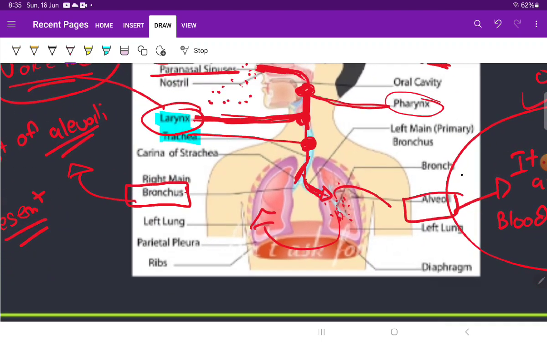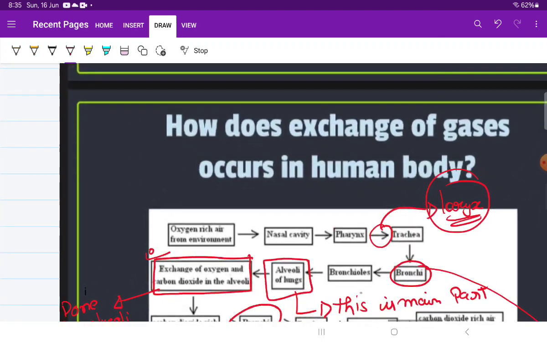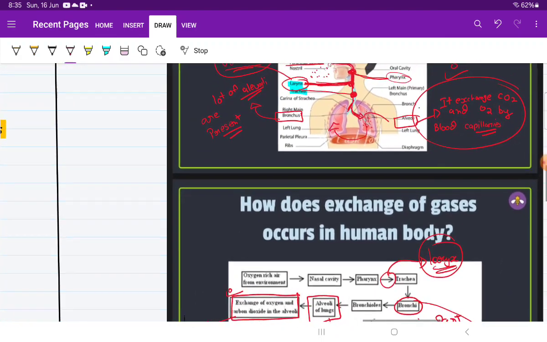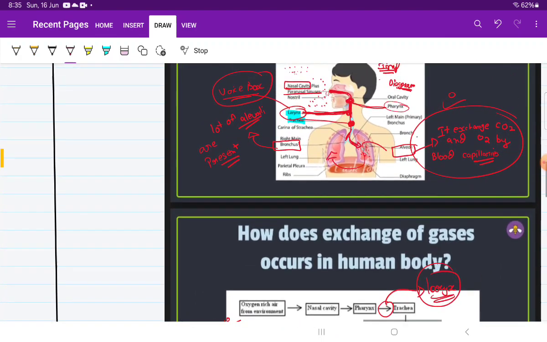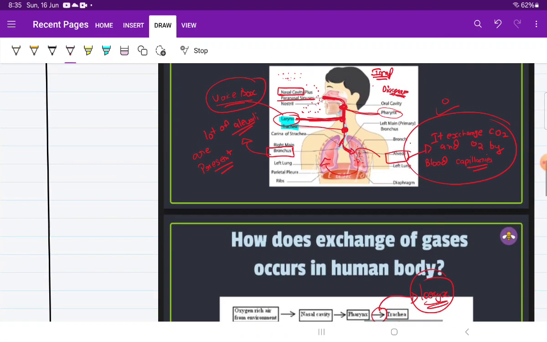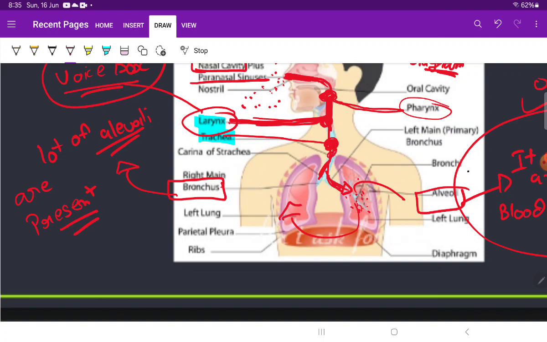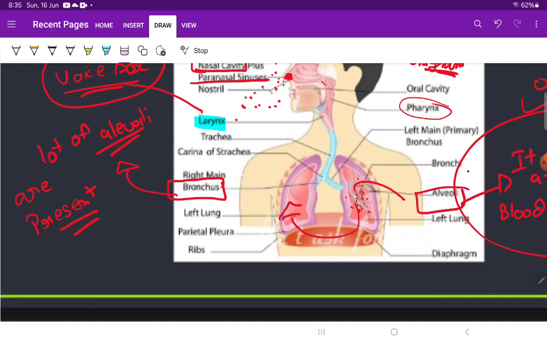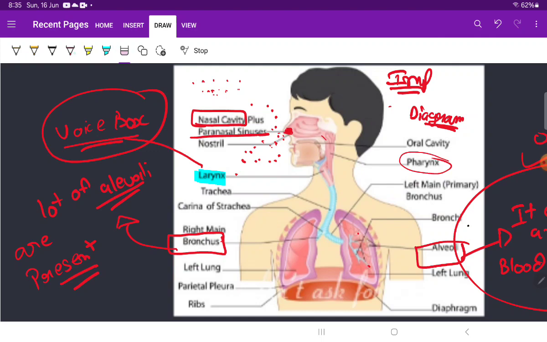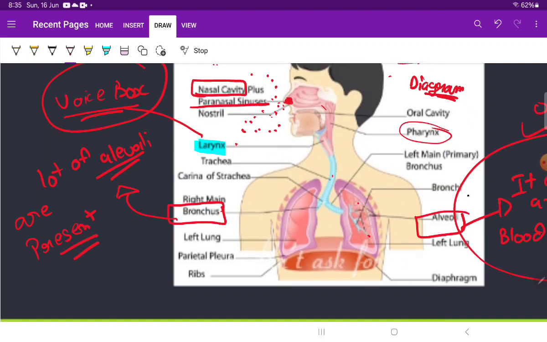Now the trachea divides into the bronchi. Students, remember the names. This is the trachea. It divided into two bronchi.